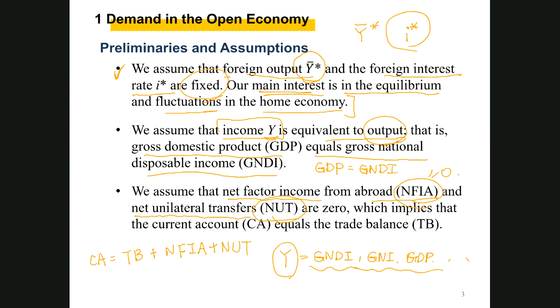So in order to simplify the model, we assume this one is equal to 0, and this one is equal to 0. So the current account now refers to the trade balance.